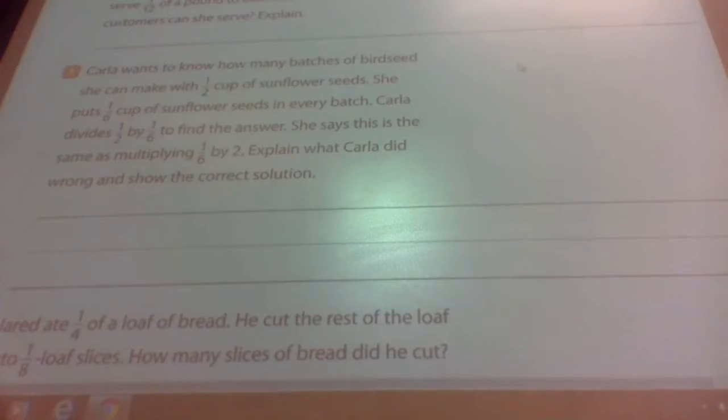All right, number 4. Somebody in group 1, explain number 4. Whoever worked it out or whatever y'all did, explain what we did for number 4. 5/6 divided by 1/12.